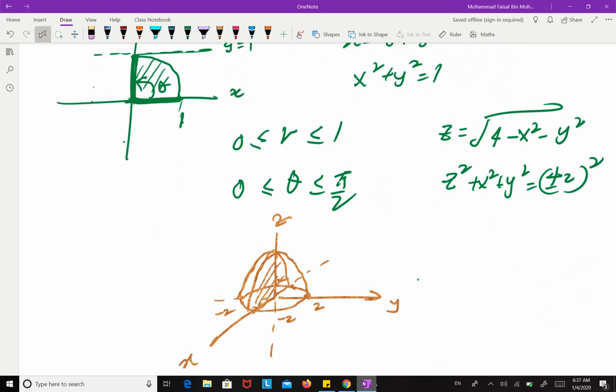Cylinder with radius 1. So I just consider this part. Because the radius is 1, it should be inside.